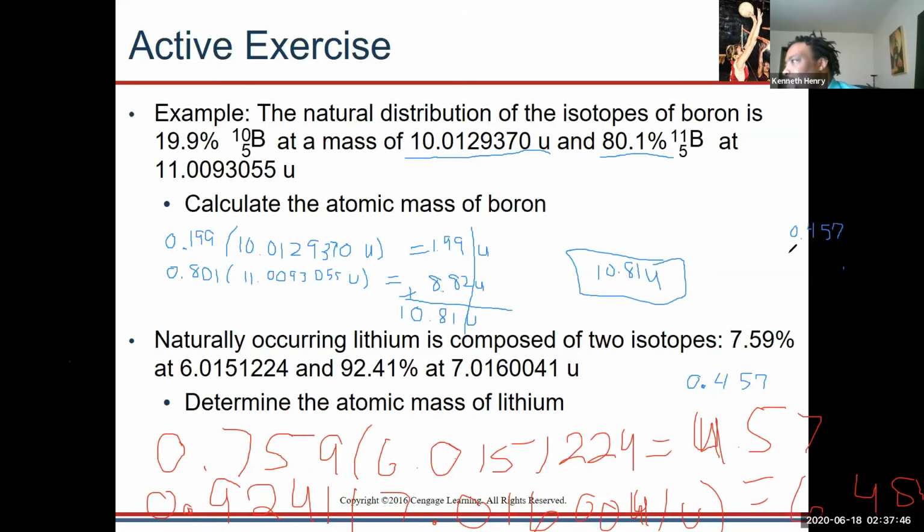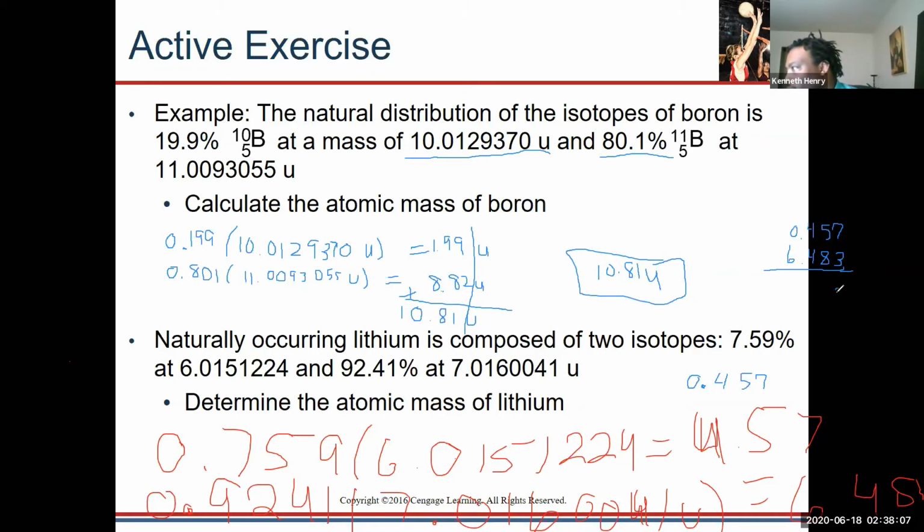So we have 0.47 and we're adding, you said 6.483. Okay.